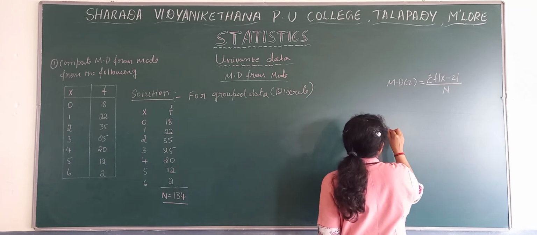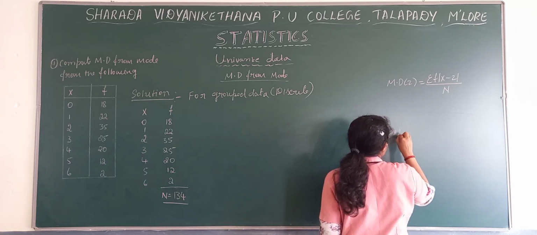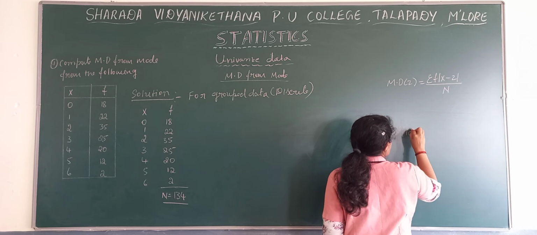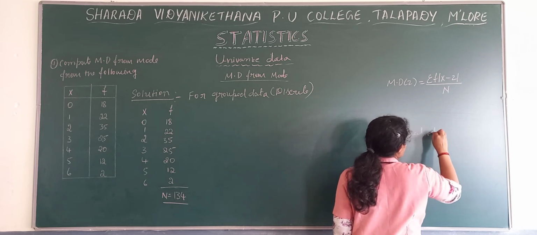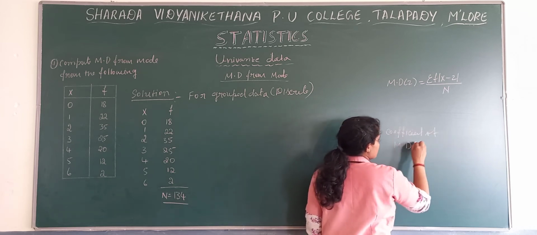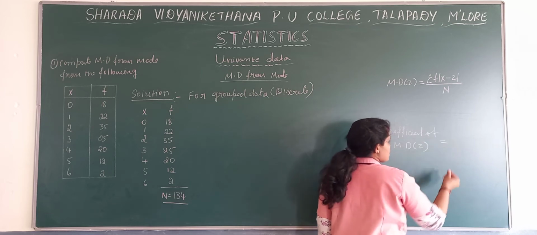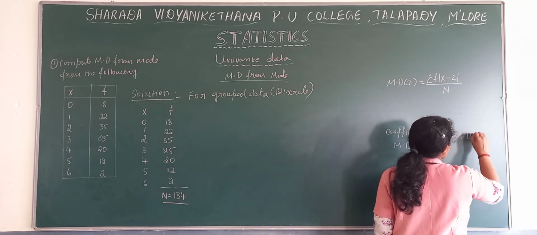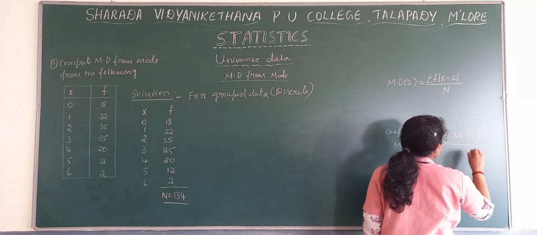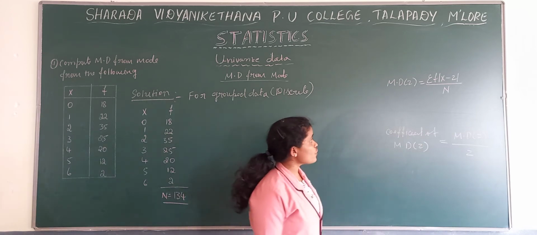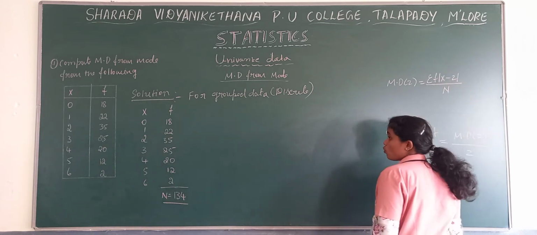Then coefficient of mean deviation from mode is equal to mean deviation from mode divided by mode. So firstly we need to find out the mode value.